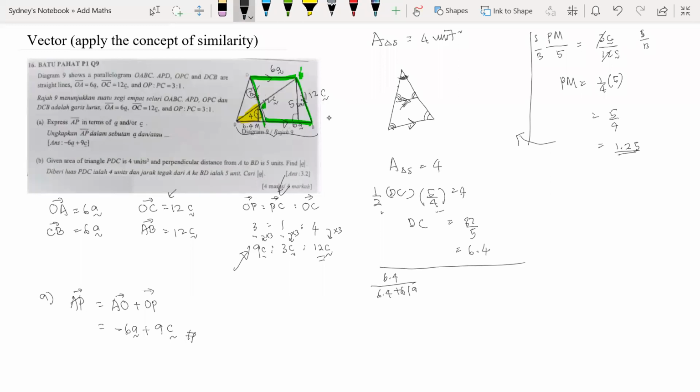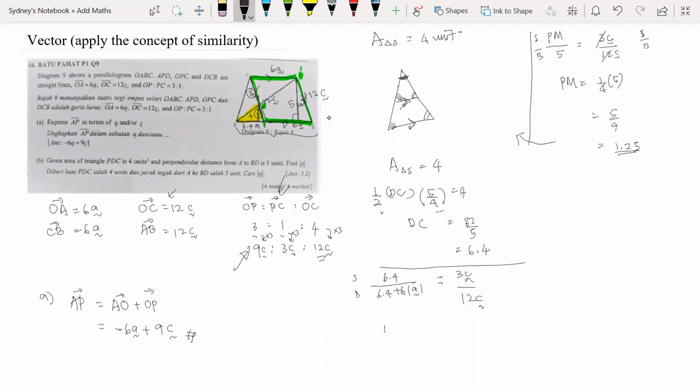Don't just take 6A because 6A is only the green one. It's not even the full triangle yet. So we don't take the green one. We should include the DC. So they will be in proportion as the other side. This is the small one, this is the big one. So we take the small sides over the big sides, which is the 3C, the same side that we take, 3C over 12C.